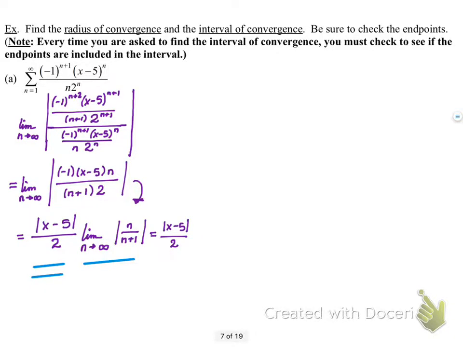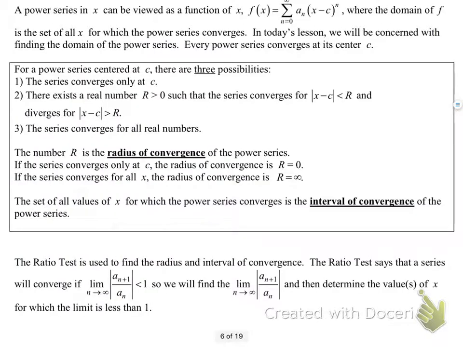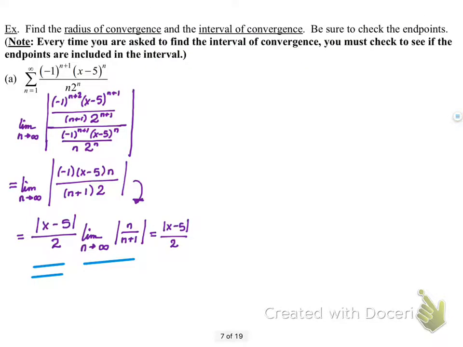I am referring to this right here. That's what I'm referring to. So we're going to go ahead and take this bit right here, and we're going to set it less than 1, and we're going to try to figure out for what values of x that must be true.